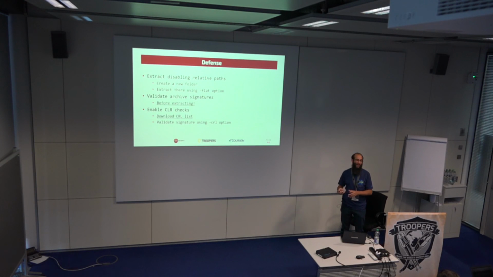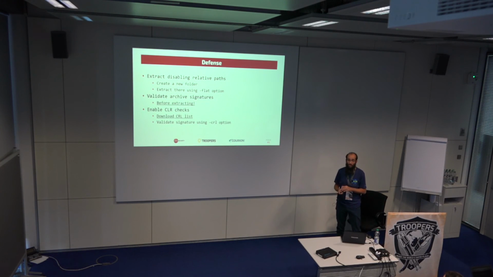Always extract files disabling relative paths. This is something that is hard, because if you have a file that has a whole structure of directories inside, you will need to extract it in a flat way where all the files are placed in the same directory, and then recreate the structure.